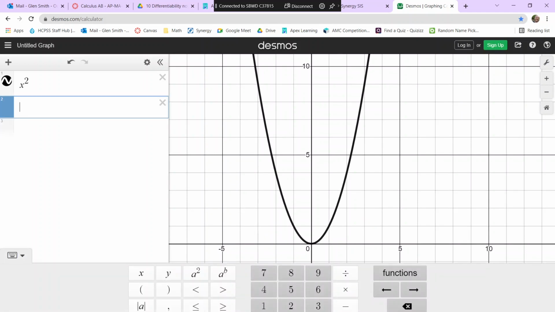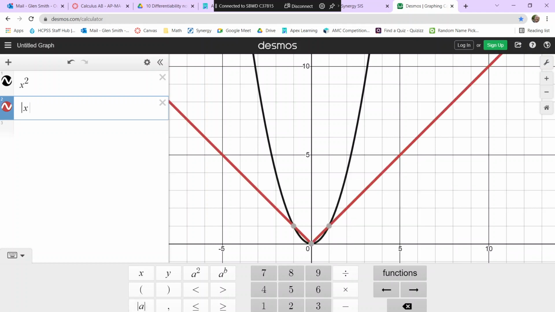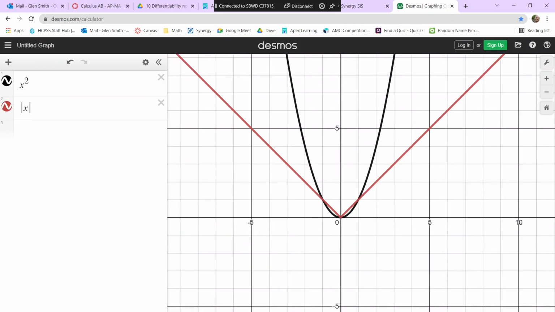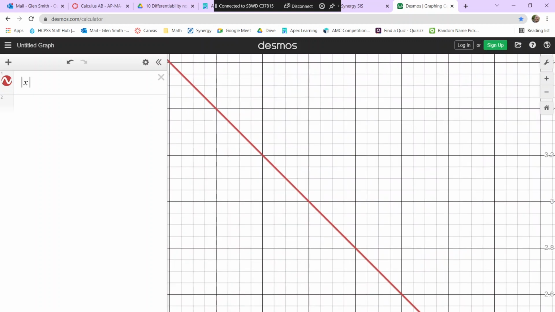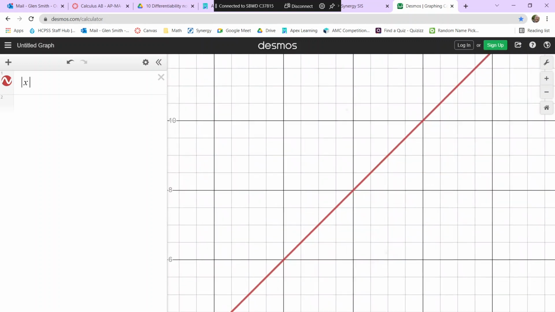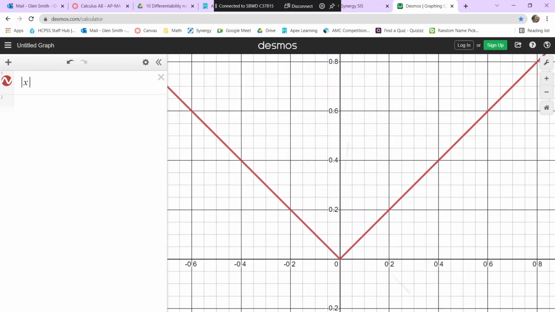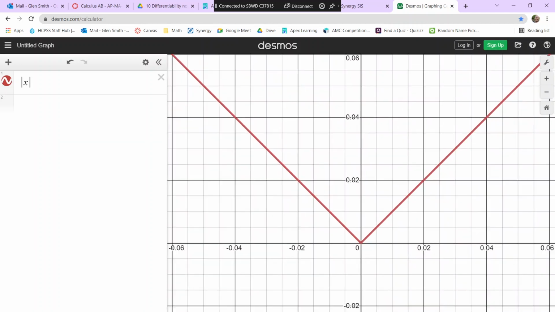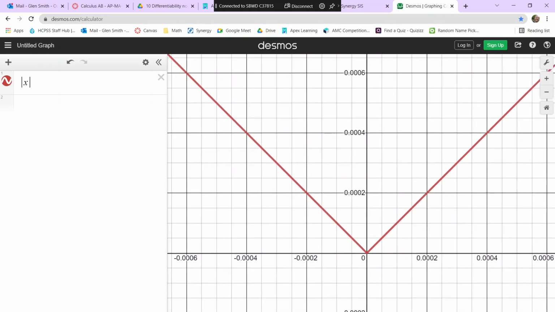However, if we were to graph absolute value, check this out. If I zoom in on over here, that looks like a line, right? Because it is a line. If I zoom in on this side over here, that looks like a line. But if I zoom in on 0, no matter how far I zoom in, guess what it never, ever looks like? Never, ever, ever looks like a line.